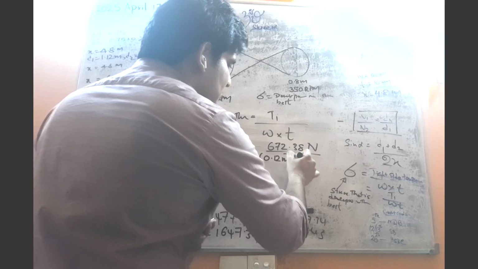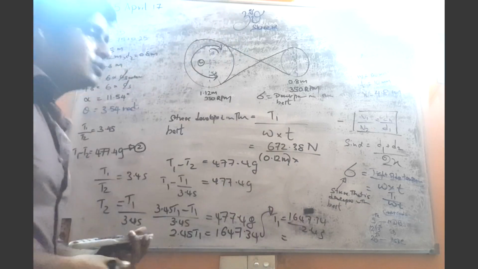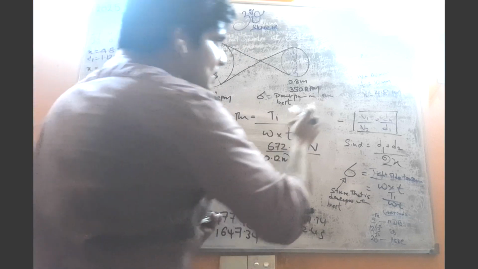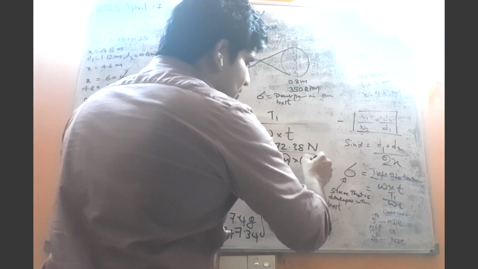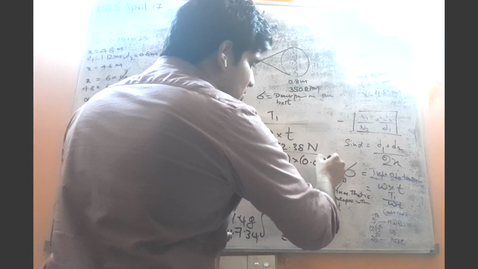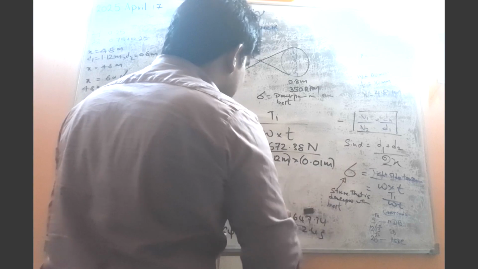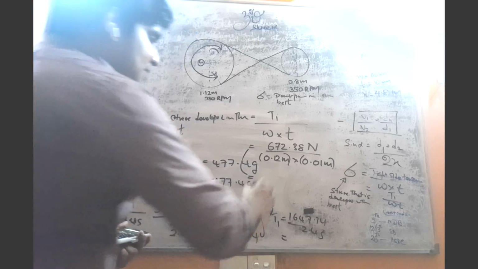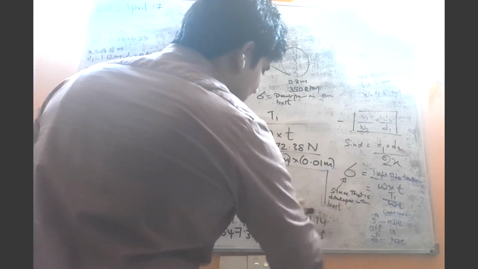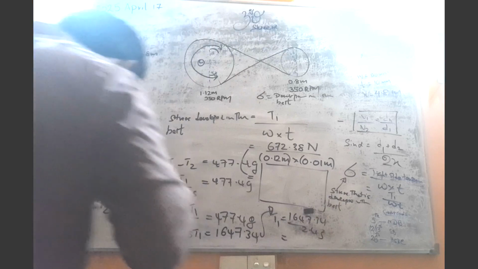We'll convert the value into meters. Then the thickness, 10 millimeters, is 0.01 meters. So let's continue; here we can have the final answer.